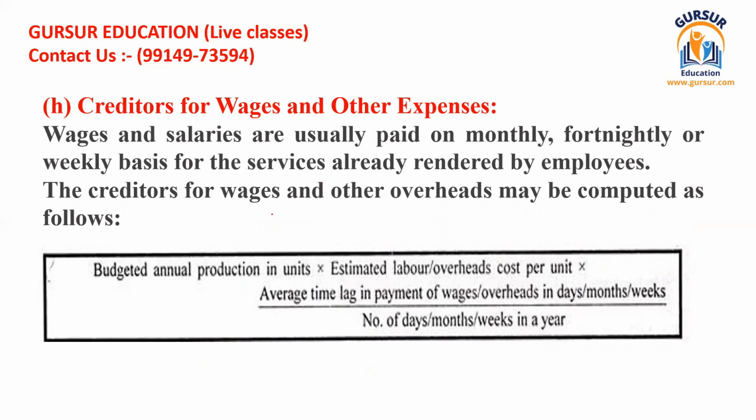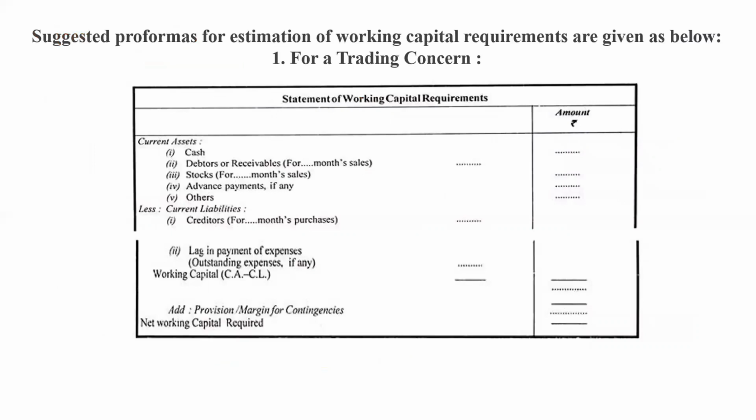You can calculate it on the basis of the following formula: budgeted annual production in units, again taking the example of 5,000 units, then estimated labor or overhead cost per unit, which we suppose is 1 rupee per unit, multiplied by the average time lag in payment of wages, which we assume to be 30 days, divided by 360 days, as we have to divide the whole equation by the number of days, months or weeks in a year. When you calculate this, we can easily obtain the value of creditors for wages and other expenses.